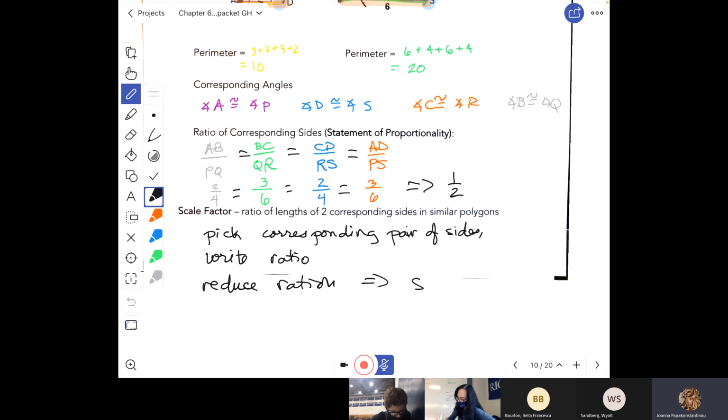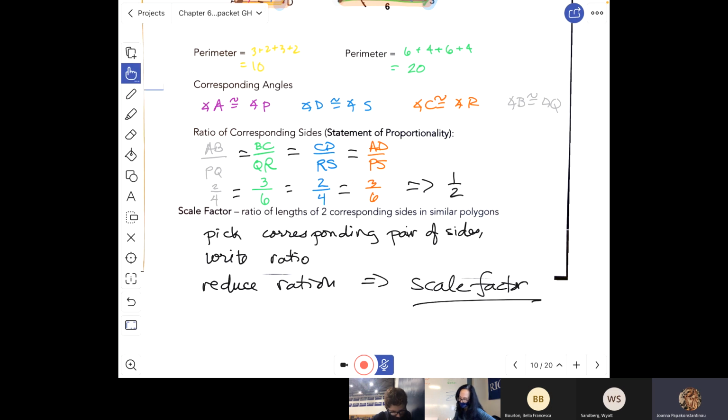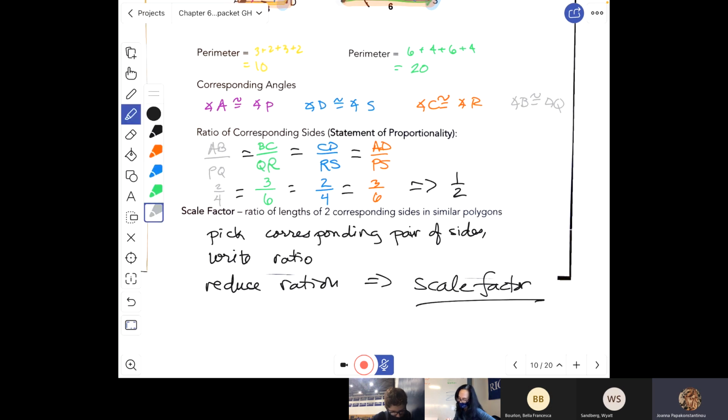And that reduced ratio is your scale factor. Once we identify the scale factor, we can find missing pieces of the similar figures. Yes, Jackson. Wait, what's that? Like in the sandwich between picking corresponding pairs of sides and reducing ratios? Right, write the ratio.